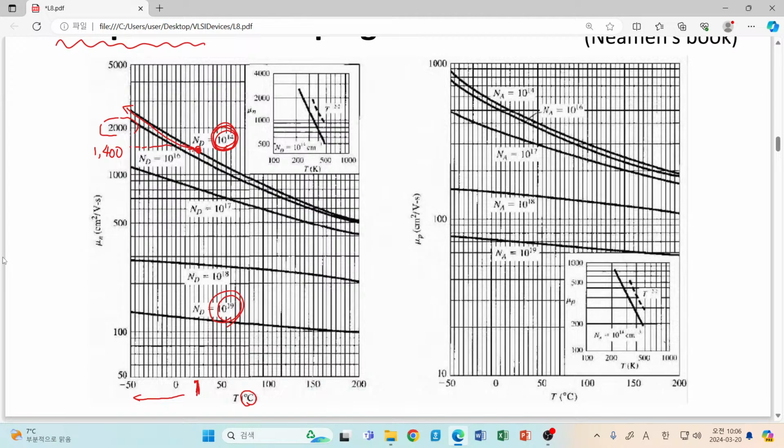In this case, with 10 to the 19, the mobility is just slightly above 100, this is 200, therefore just 100 something. Just by applying the doping, your mobility, starting from an intrinsic mobility like 1400, is now just 100 something. So it is almost a 10 times reduction in your mobility.